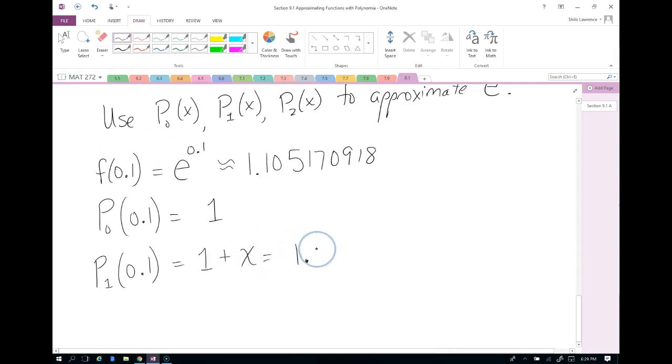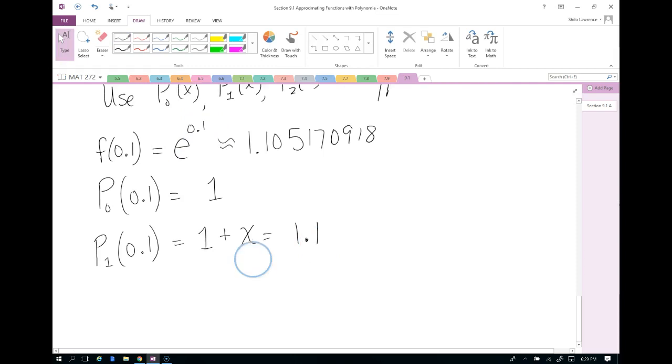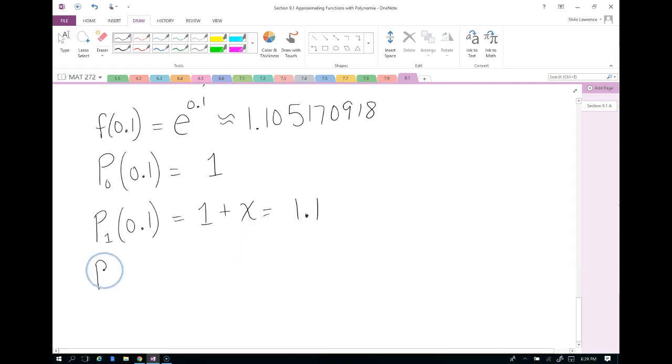So 1.1. And then p sub 2, we said, is 1 plus x plus 1/2 x squared. And I get 1.105.